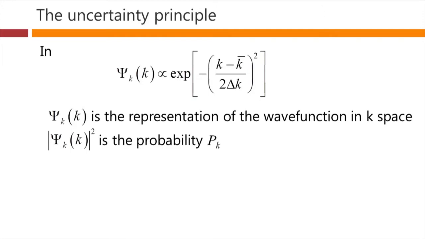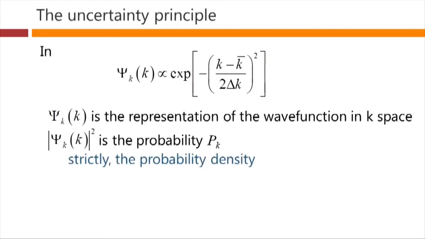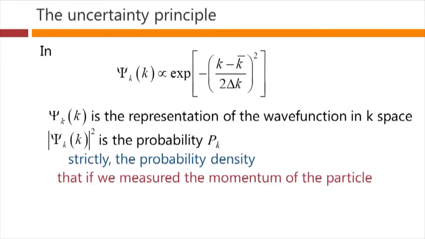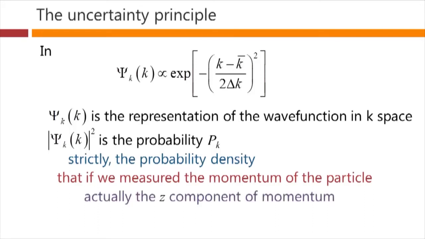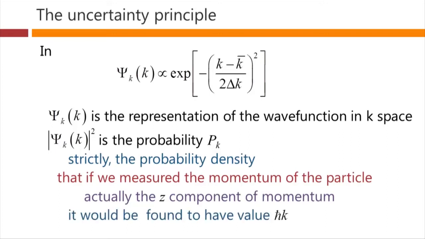With that statement that these are the amplitudes in k space, we can interpret the modulus squared of these amplitudes as being the probability P sub k, strictly the probability density in k space, that if we measured the momentum of the particle, actually the z component of the momentum, because we're only working in one direction here at the moment, it would be found to have the value h bar k.